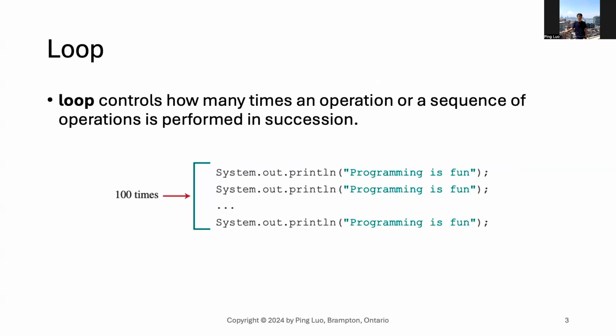Maybe we have 100 students in the system and we want to print out all their names. We can run this program 100 times, each time using a different student name. But if we write 100 statements, that's tedious, right? It's 100 lines of printing something.